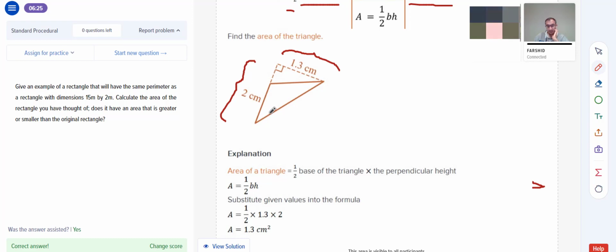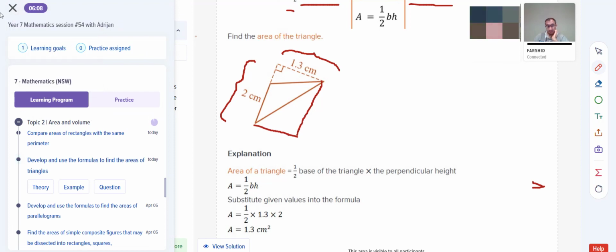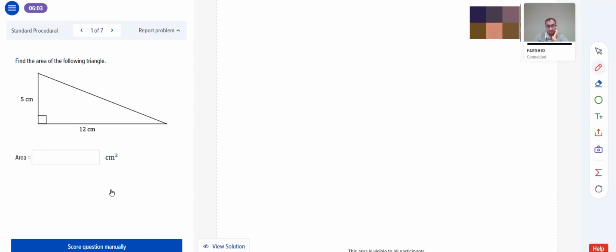So half of it is 1. Don't forget about half, because if you don't use half, it means that you are calculating the area of the whole. So you divide it by 2 because it's not a rectangle, it's a triangle. I leave this one with you.